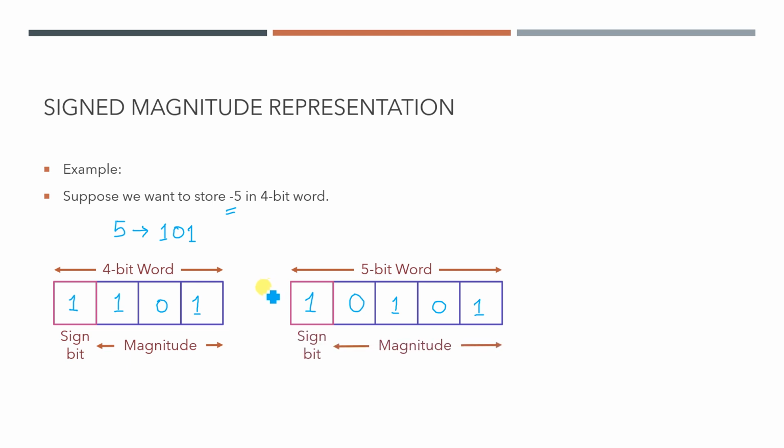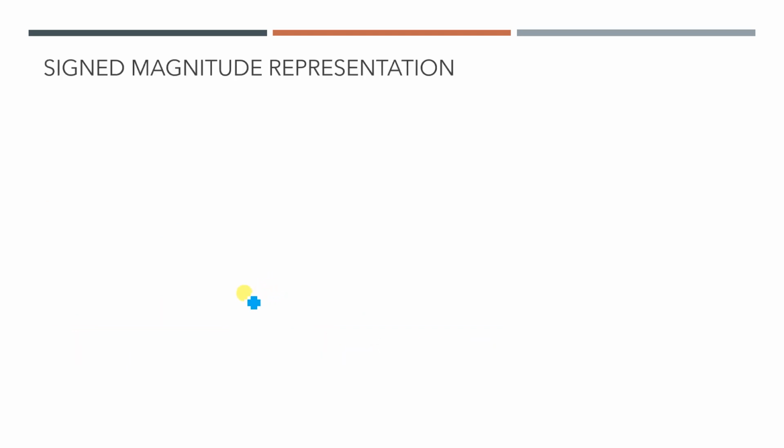Now let us understand an interesting fact about sign magnitude representation. Suppose the word size is 4-bit. I am trying to work out how many numbers can be represented in that 4-bit word. The first bit is the sign bit and the remaining bits represent the magnitude.